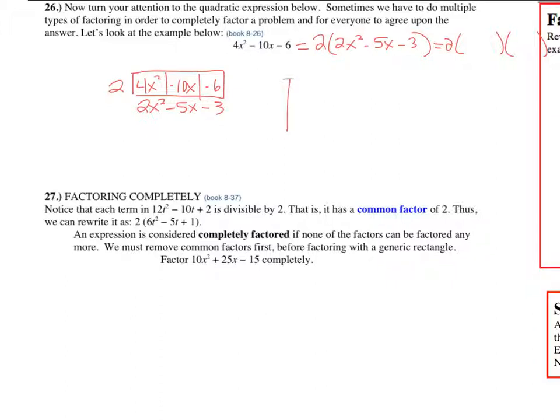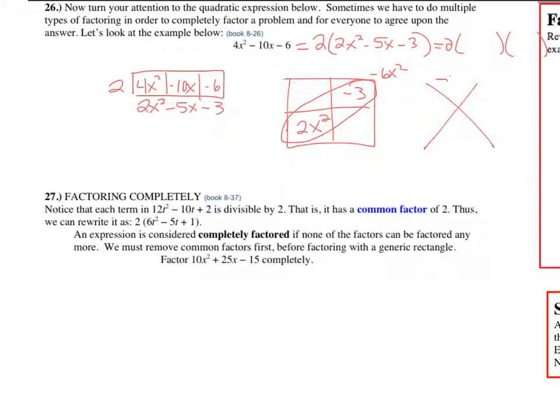So we set up our generic rectangle. We have 2x squared and negative 3. Set up our diamond problem. Well, the product of this diagonal is negative 6x squared. The sum is negative 5x.